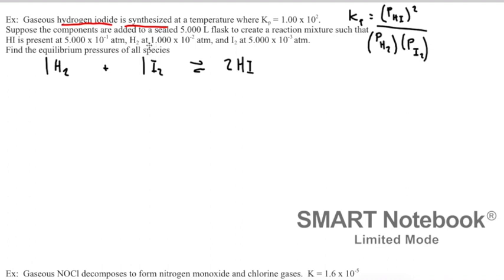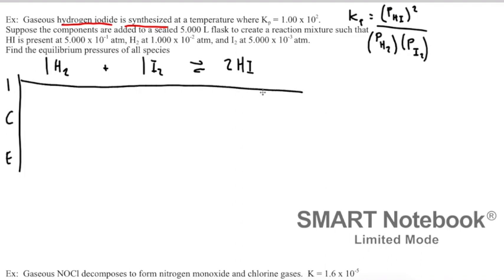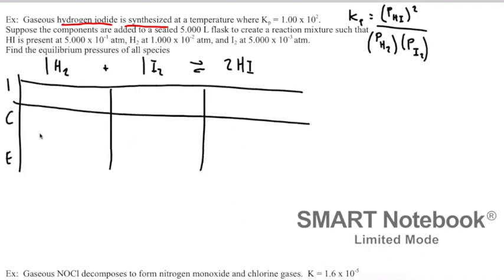All right. They give me the initial pressures here. This problem is going to work pretty much just like the last one. I just wanted to remind you that we can indeed use pressures to calculate. Let's see.